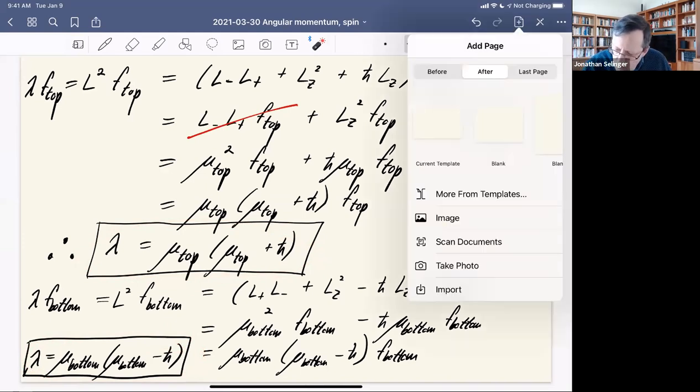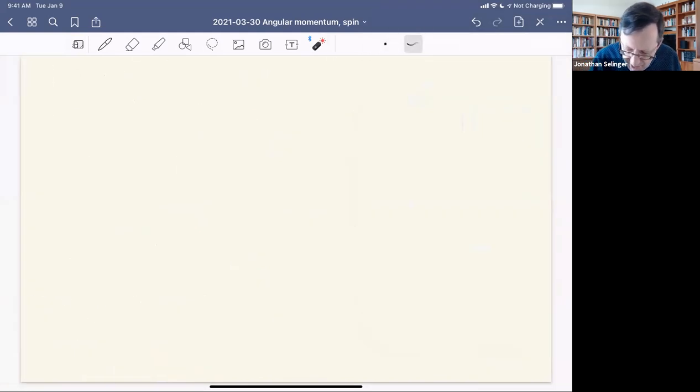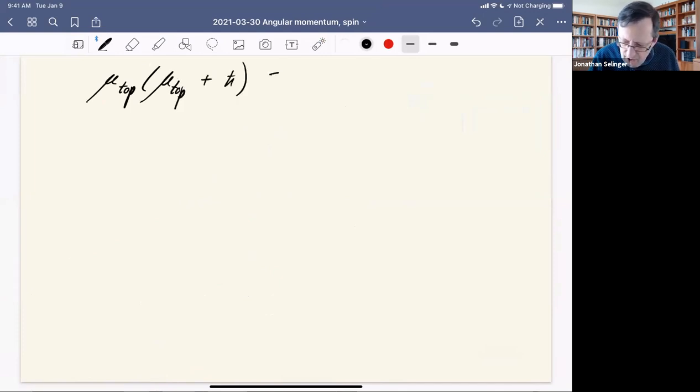That means mu top times (mu top plus h bar) equals mu bottom times (mu bottom minus h bar).